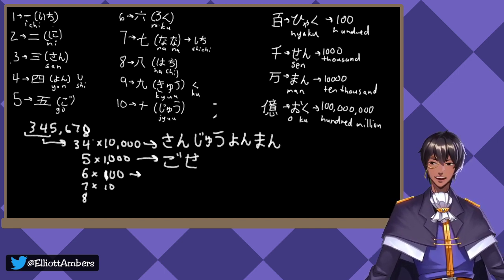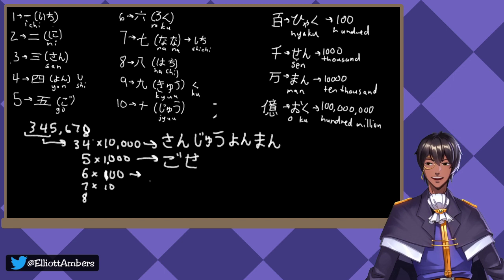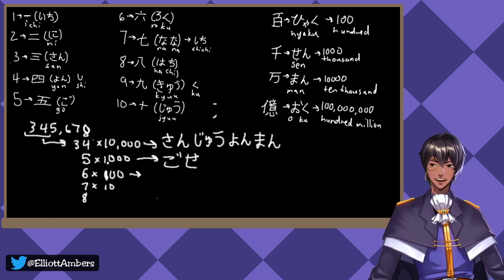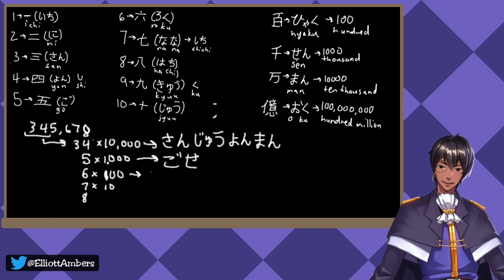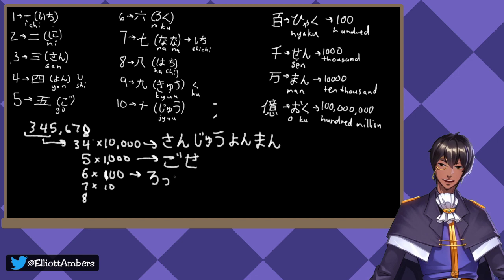Roku is 6. So this is actually going to throw you for a loop. Certain words, like I said earlier when I was talking about the different pronunciations, Roku actually becomes ro hyaku.